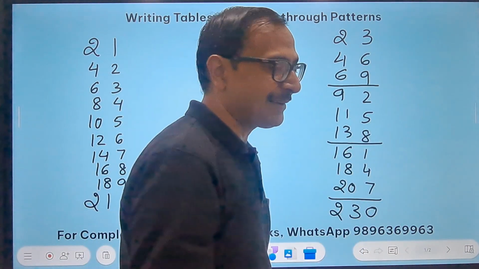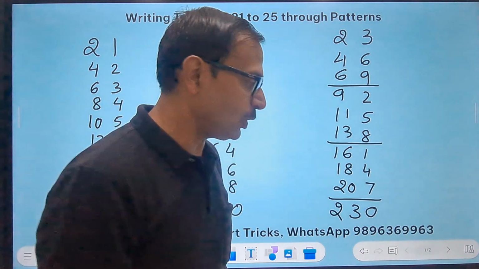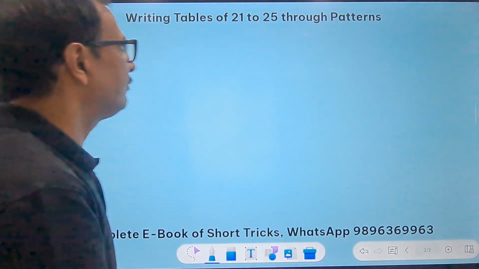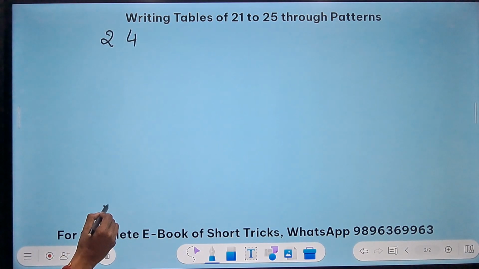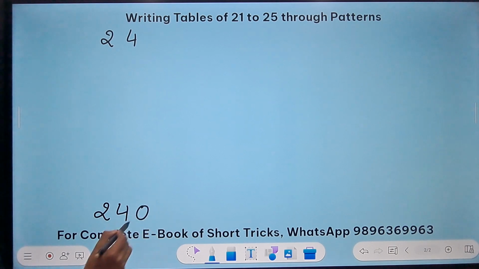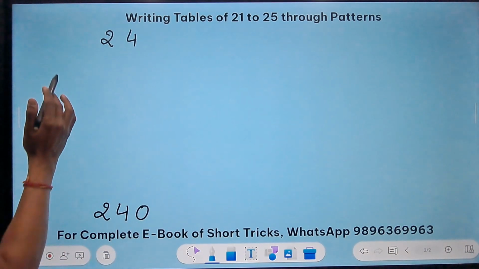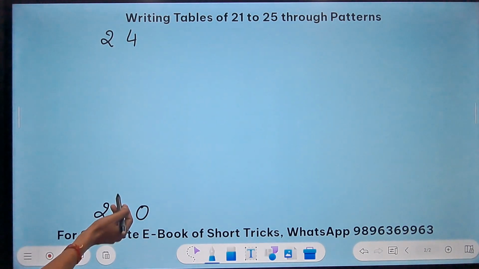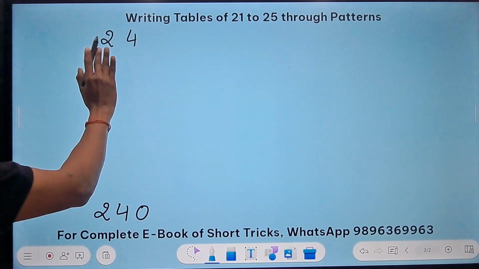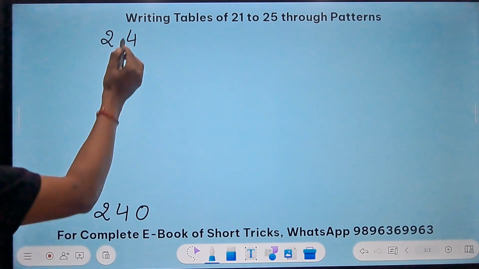Oh, amazing pattern, right? And you can actually observe the pattern in subsequent tables also. Let's take 24. So if I start with 24 and I go up to 240, what is the pattern here? So I will start writing the 24 times table by writing the table of 2 and the table of 4.